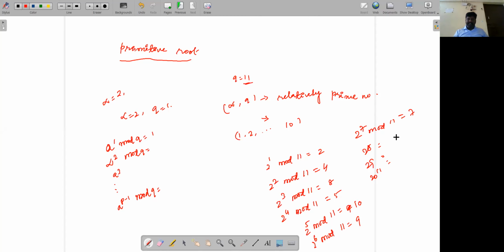And 2 power 8? Others, you can try at least for this. You can use a calculator. I'm not telling you to do the mind calculation. You can use the device. Tell me the answers. So 2 power 8 is equal to 3, followed by 2 power 9, which is 6, and 2 power 10.